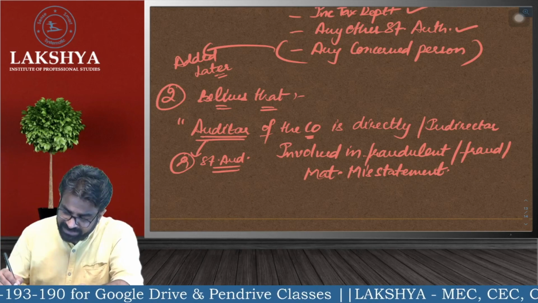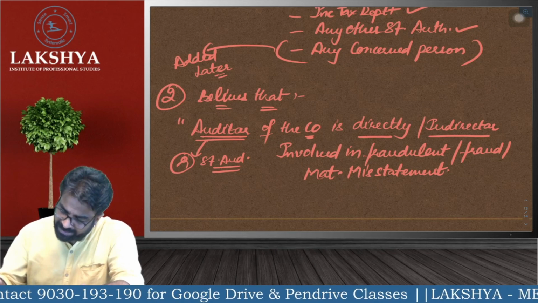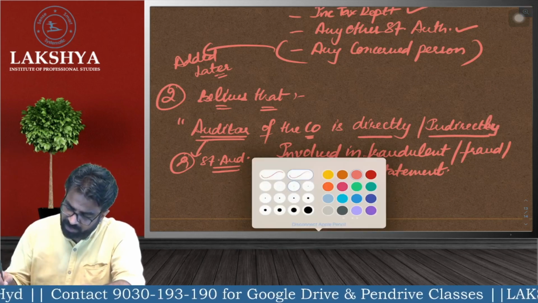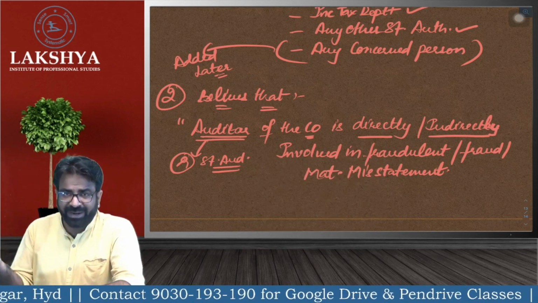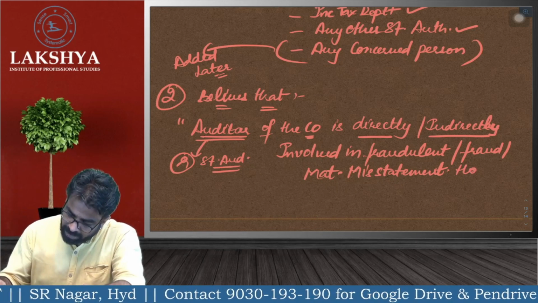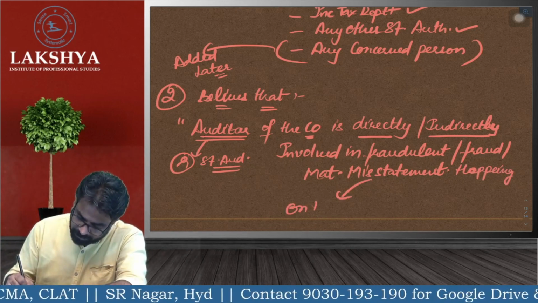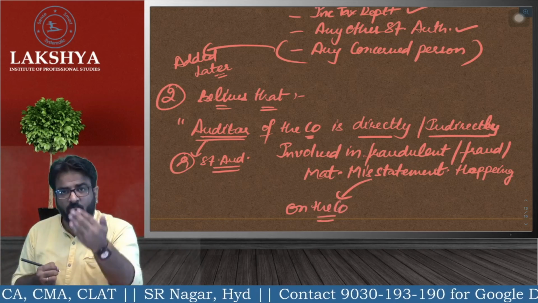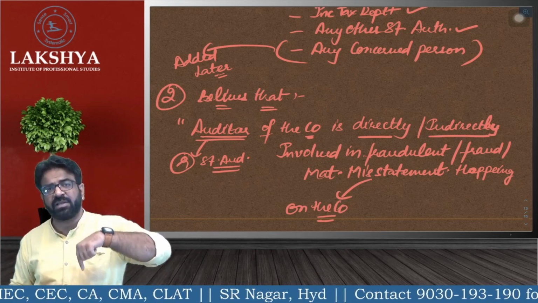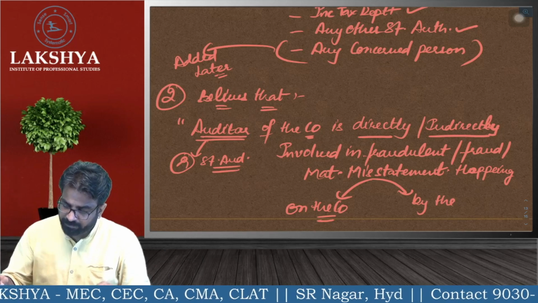So the auditor is directly or indirectly involved in fraud or fraudulent activity or material misstatements happening on the company. Who is the victim here? Fraud is happening on the company. Who is the victim here? Company. Or it is being done by the company.